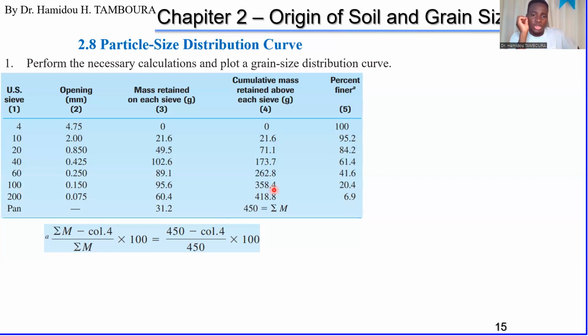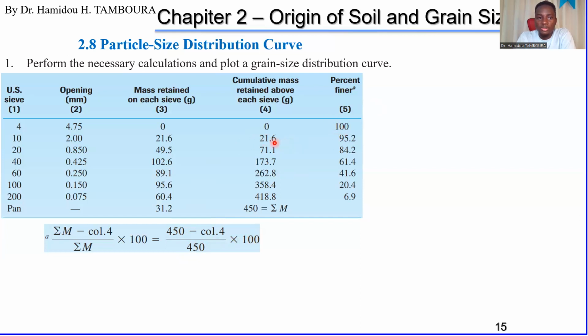And then you divide this by the total mass again and multiply by 100 to obtain the percentage. So if you do it for sieve number 4, for example, with this opening, your total, which is 450 minus 0, will remain 450. Divided by 450 means 1. Multiply by 100, so you get 100.